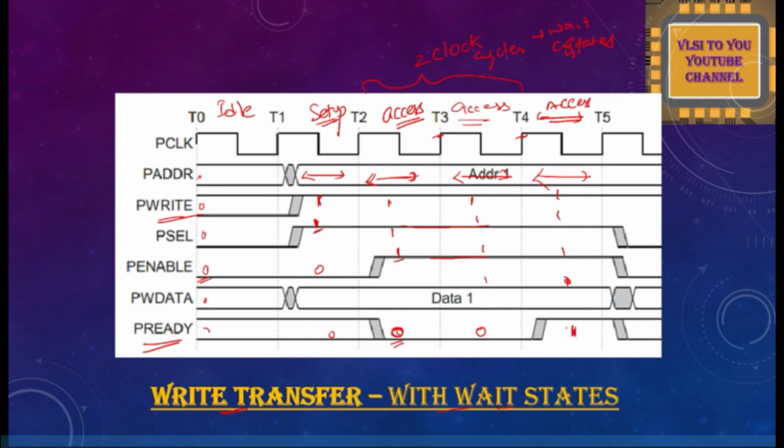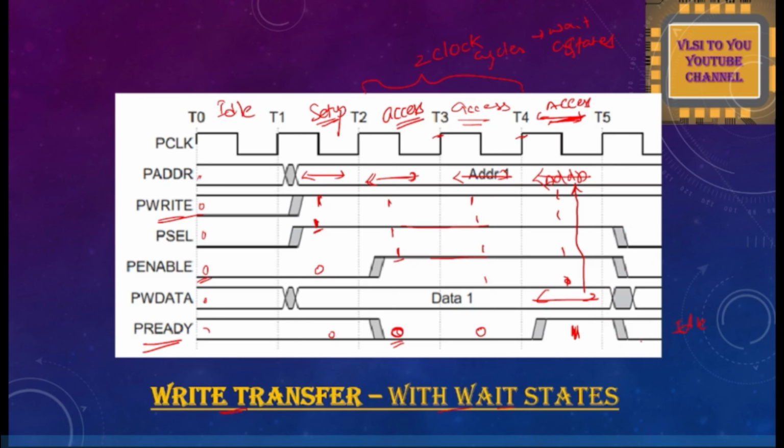That means now the slave is ready to accept the data. So what happens? This data is being transferred to this address in this clock cycle. So the transfer takes place in this particular access clock cycle. And then if there are no other transfers that need to happen, it will go to the idle state.